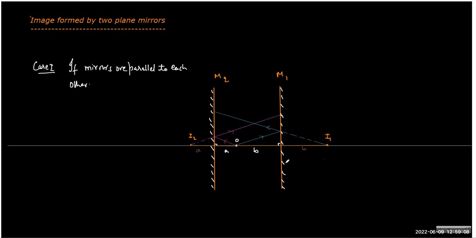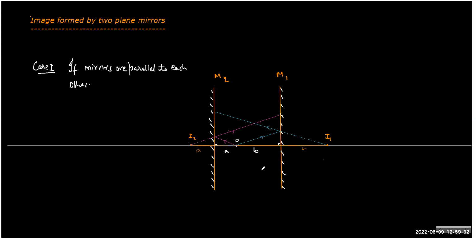So I1 is in front of M2, so that means the light ray will come from I1. I2 is in front of M1, but it is behind M2. So I2 is something which will never form an image because of M2, because it's behind. But I2 is in front of M1. You can think this way, the front and the behind concept.